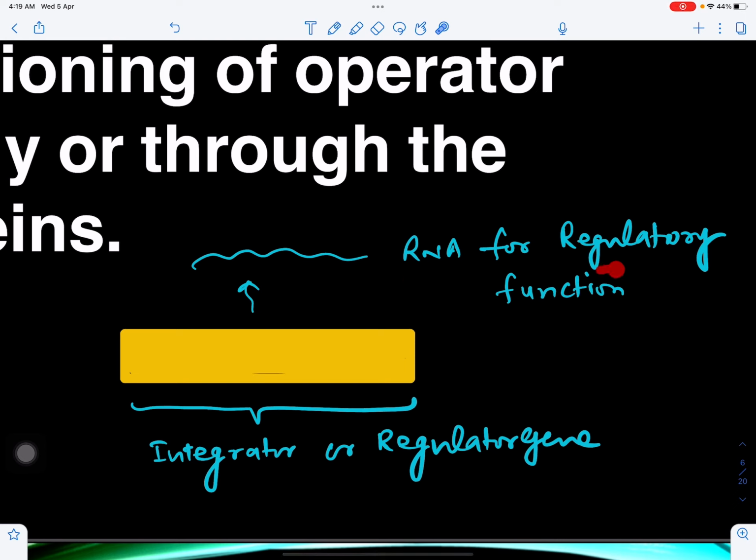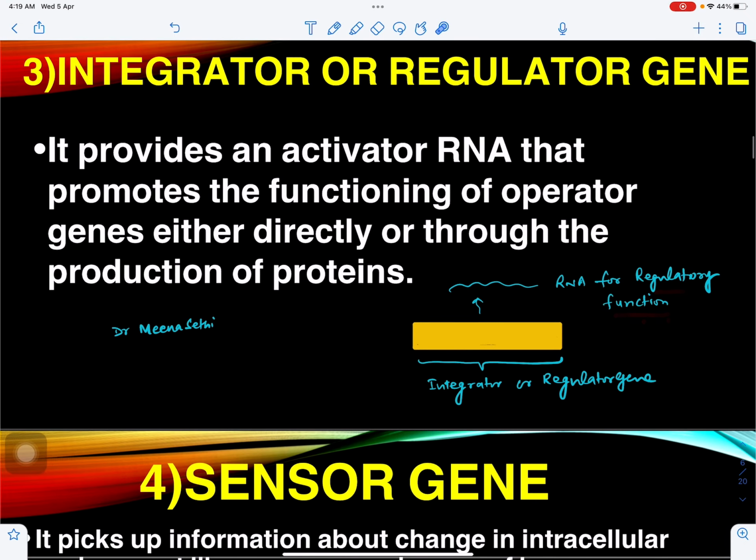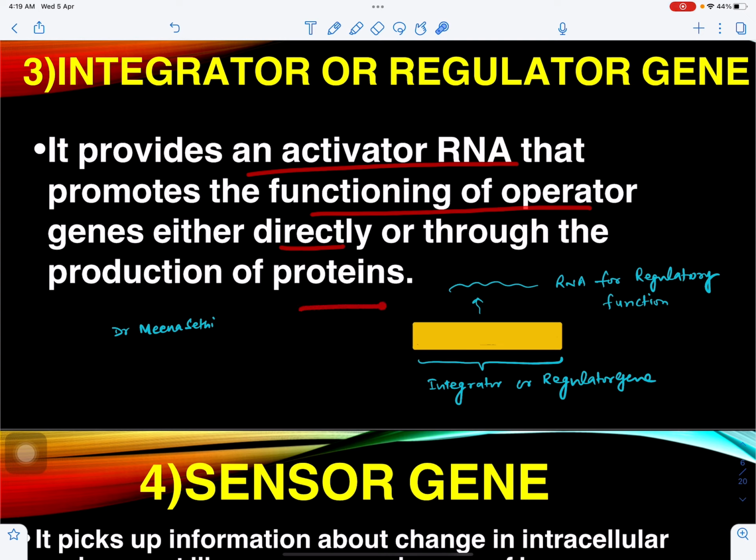It is for a regulatory function, and we also call it activator RNA. This will control the operator or receptor gene, and then only the structural gene will undergo transcription. So the integrator or regulator gene provides an activator RNA which will promote the functioning of the operator gene, directly or through the production of proteins.